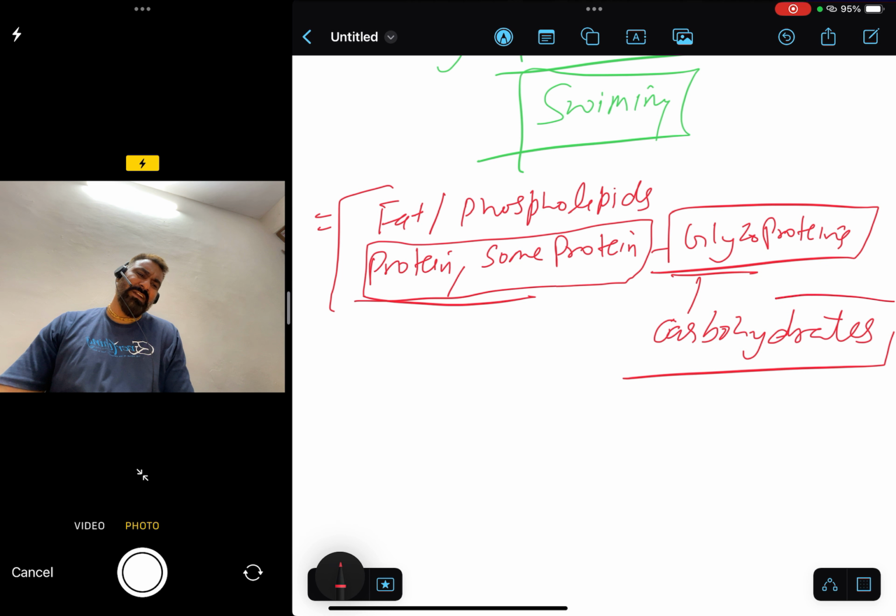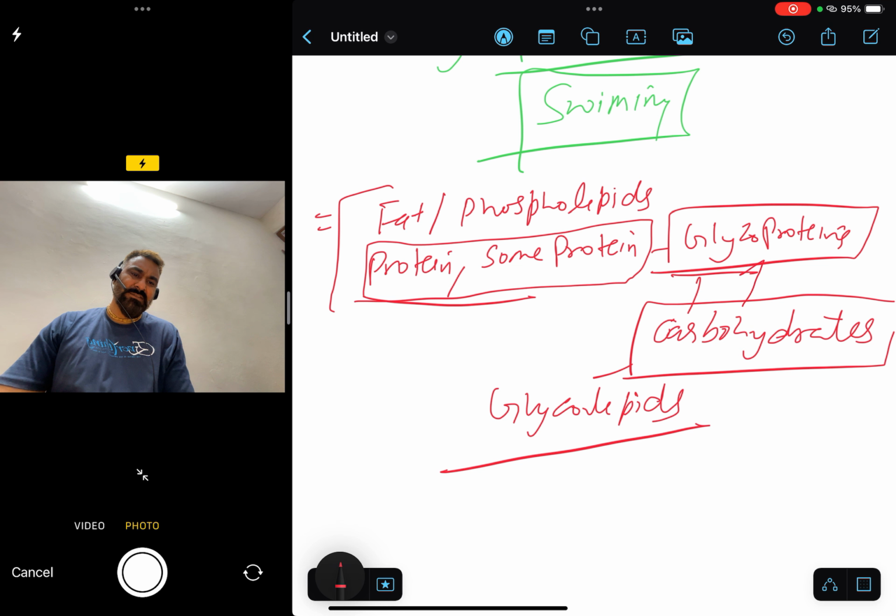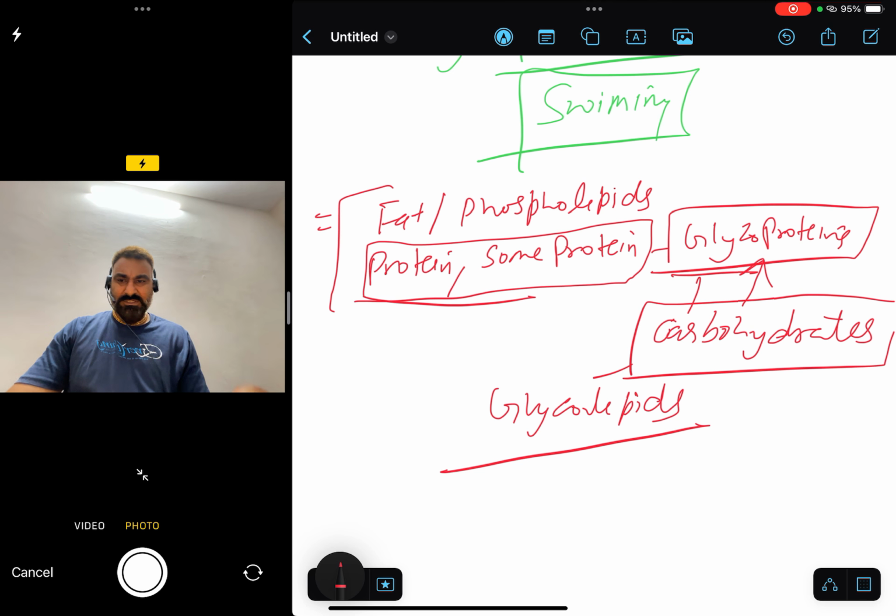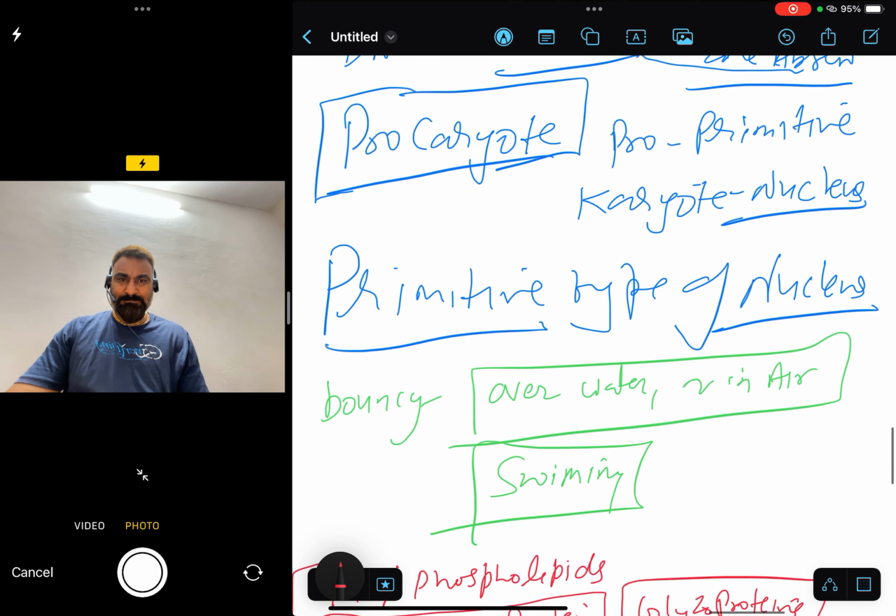Carbohydrates are not present freely; they are either attached to fat, then they are known as glycolipids, or they are attached with protein, then they are known as glycoproteins. So these are the proteins which are present in the cell membrane.